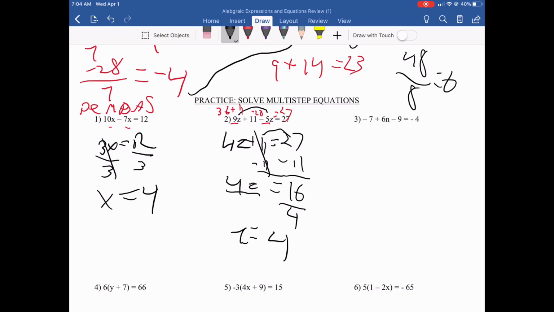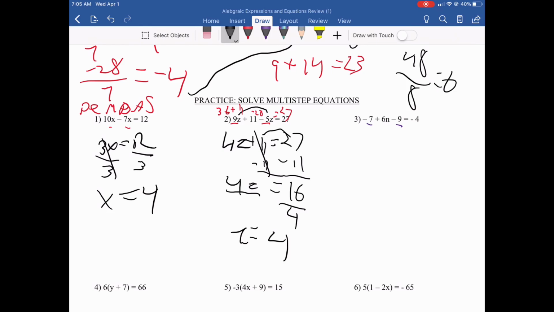All right. So now I'm looking for the like terms that are on the left side of the equation. The like terms that I see are the integers. So let's add them up. Negative 7 combined with negative 9 gives you negative 16. Okay?